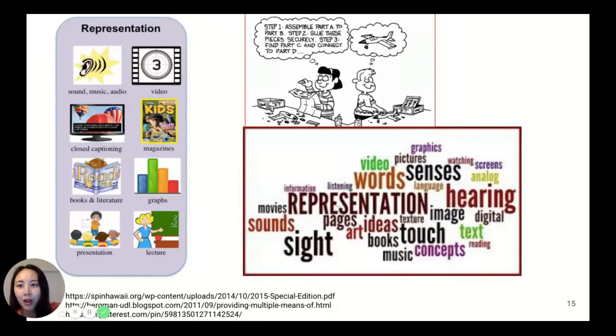For example, sound, music and audio, video, closed captioning, magazines, books and literature, graphs, presentations, and lectures. There are so many ways we can deliver the content. So in summary, it can be auditory, it can be a video, and it can be on paper.